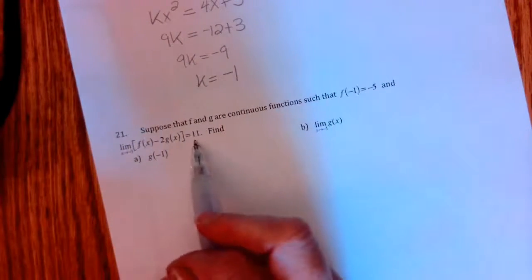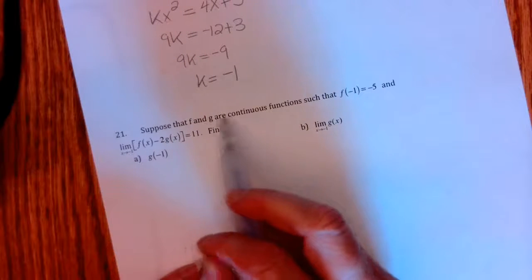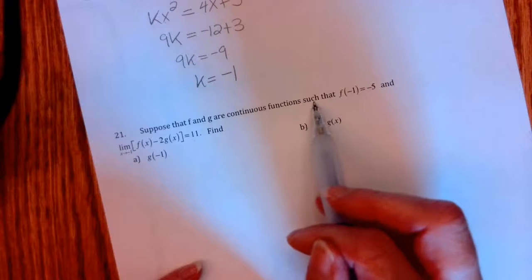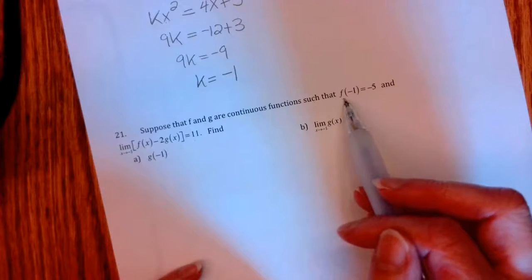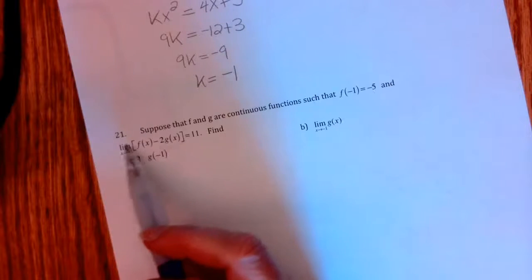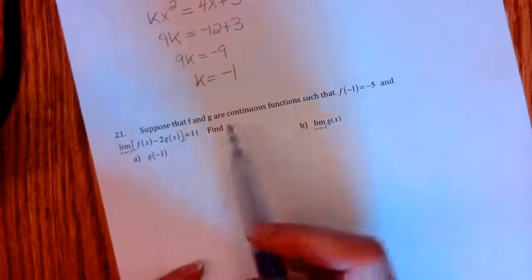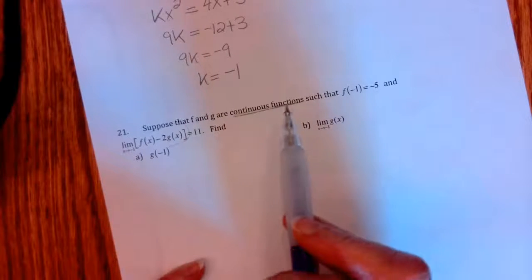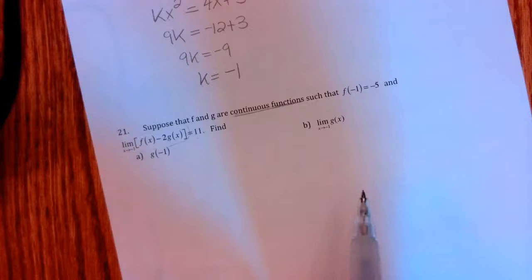The last part, we know information about f and g, that they are continuous. And if they're continuous, we also know that f of -1 equals -5, and then I have this limit statement right here. Remember, by continuity, defined values are equal to limit values.